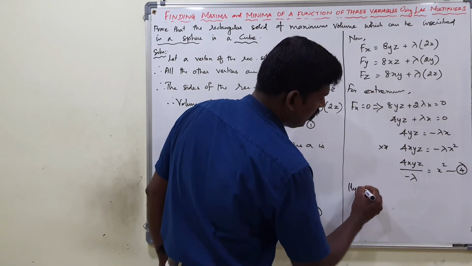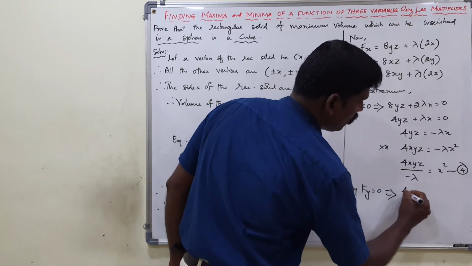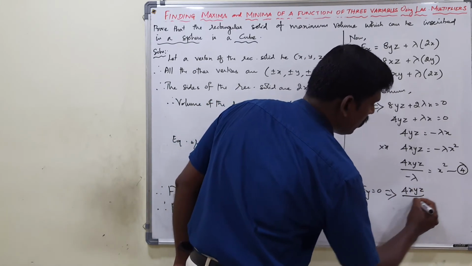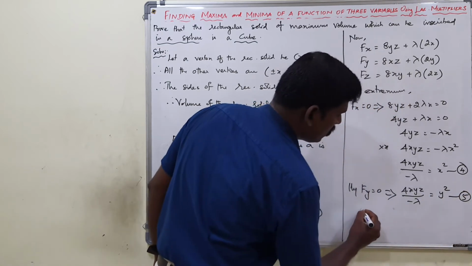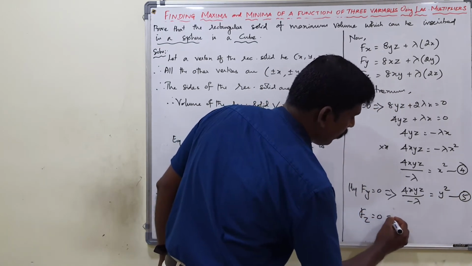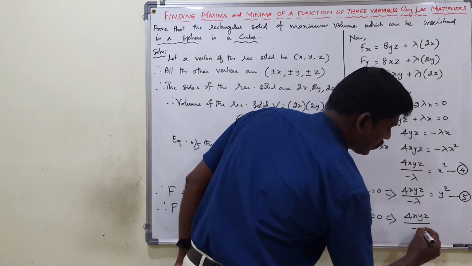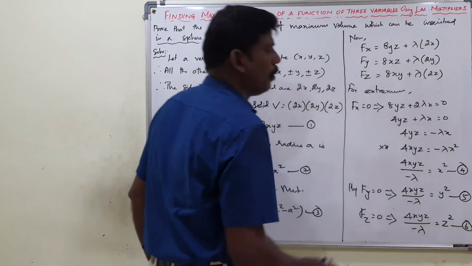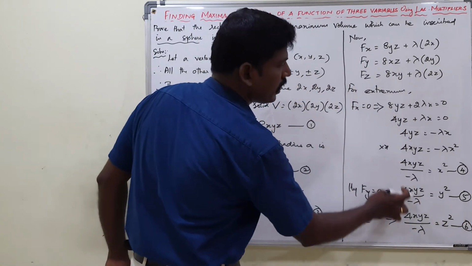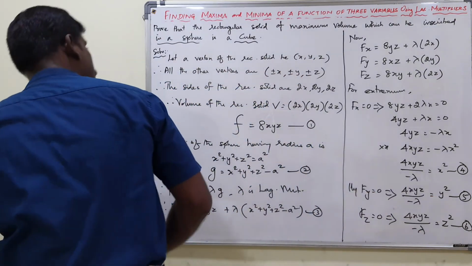Similarly, Fy equal to 0 implies you will get 4xyz by minus lambda equal to y square. I call this equation number 5. Similarly, Fz equal to 0 implies you will get 4xyz by minus lambda equal to z square. Call this equation number 6. By looking at the left hand side of 4, 5, 6, all are equal. Therefore, we can equate the right hand side also.